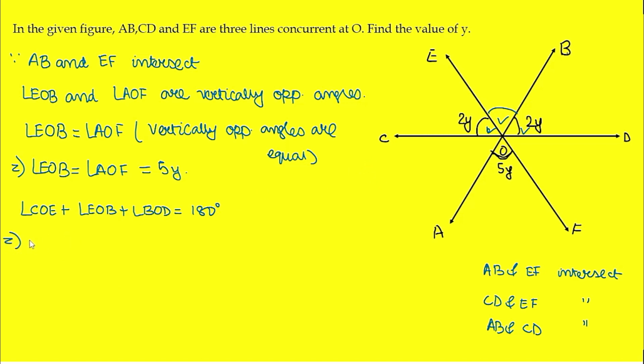Angle COE is 2y, angle EOB is 5y, and angle BOD is 2y. So 2y plus 5y plus 2y gives 9y equals 180 degrees. So y is 20 degrees. The value of y is 20 degrees.